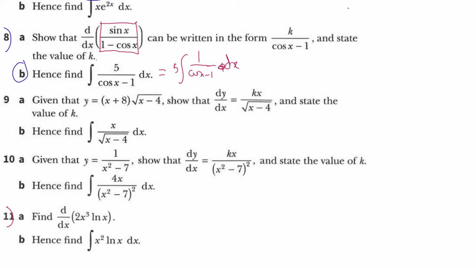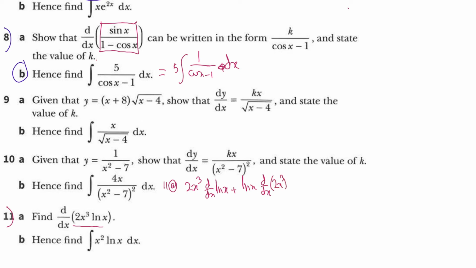It is differentiation of this, but we have to apply the product rule first. It is written here 2x cube, then d by dx, so we can write it ln x. Then next part is ln x d by dx of 2x cube.